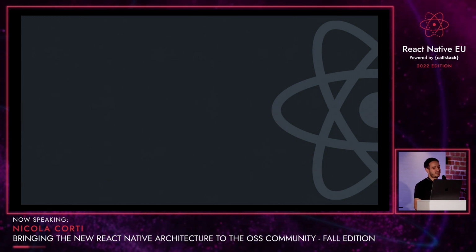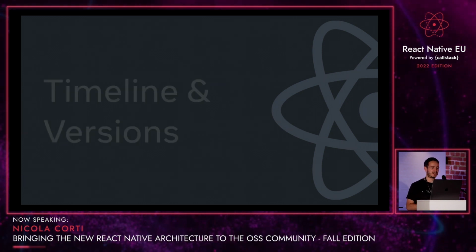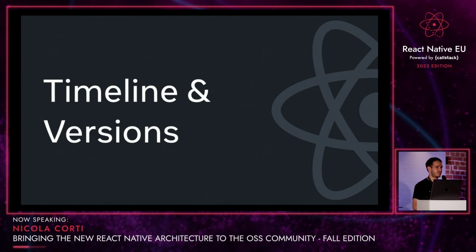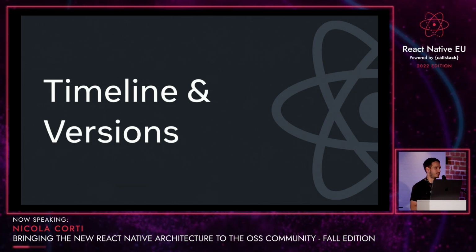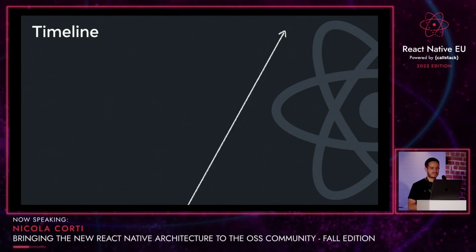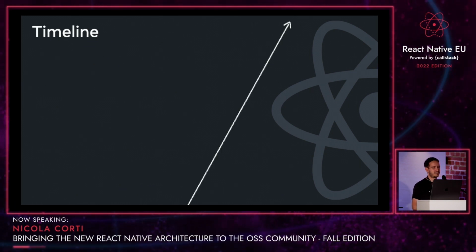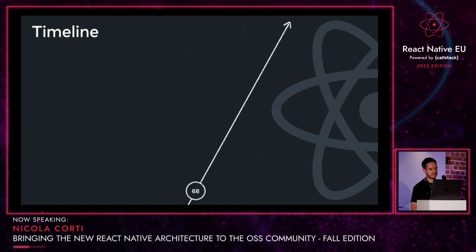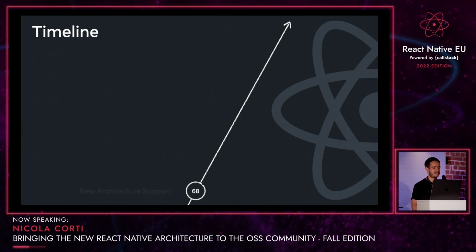I also want now to give an update on timeline and versions. So, when things happen and what happened when. The first version of React Native to fully support the new architecture is React Native 68.